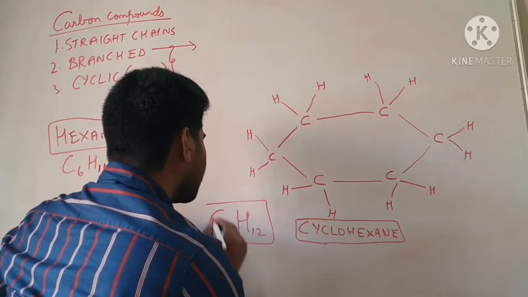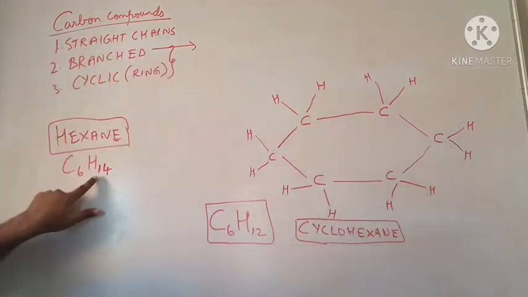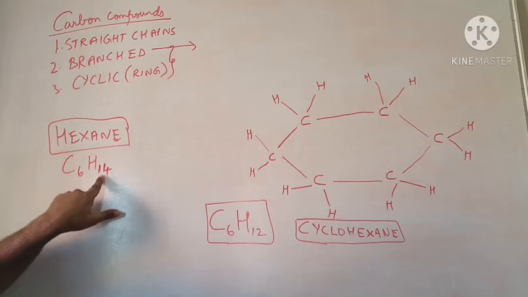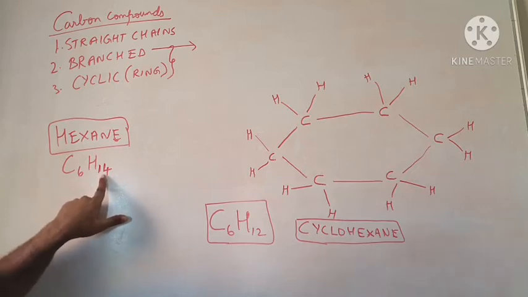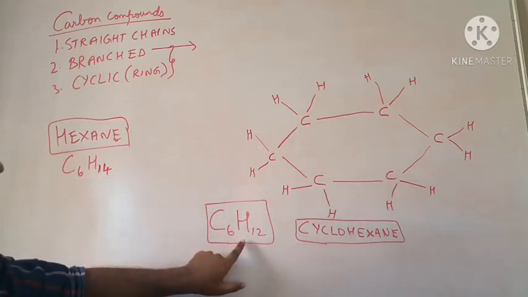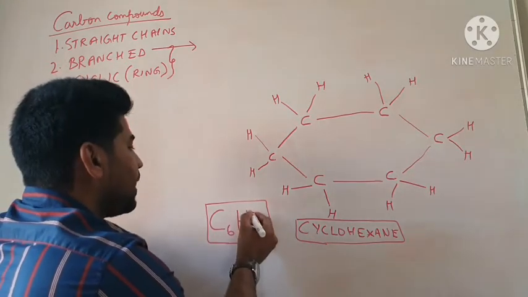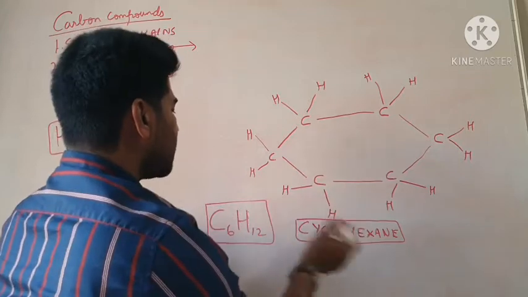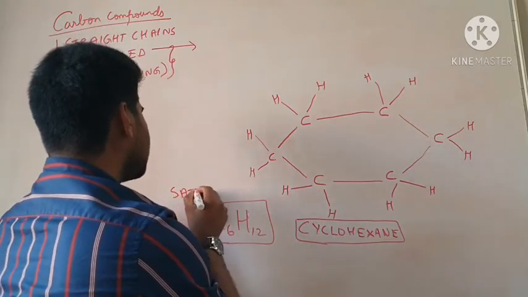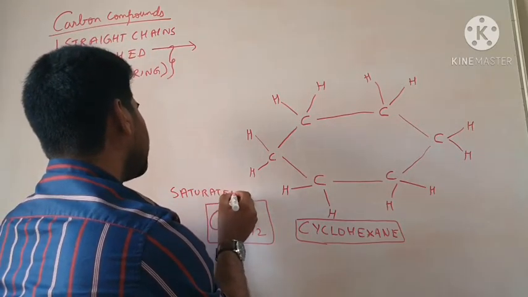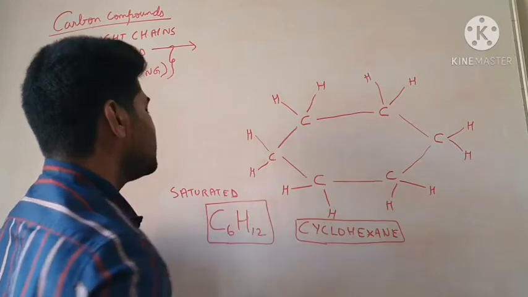Compare this with a normal straight chain hexane, which would have 2n plus 2, whereas cyclohexane is C6H12. It has got all single bonds, so cyclohexane is a saturated carbon compound which is cyclical.